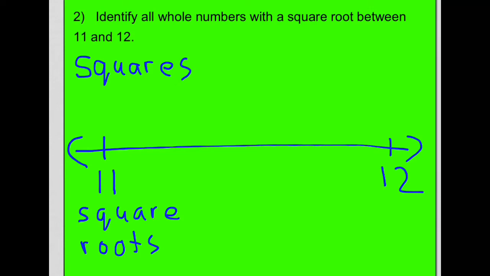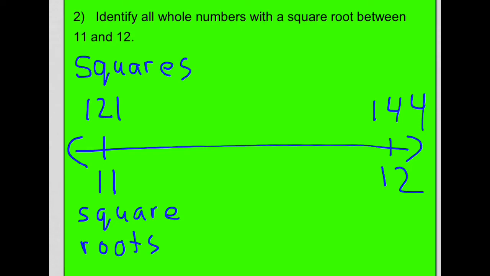Well, let's work backwards to get the squares. The square of 11 will be 11 times 11, which is 121. And the square of 12 will be 12 times 12, which is 144. So that means any number that falls in this area between 121 and 144 will have a square root that falls between 11 and 12.